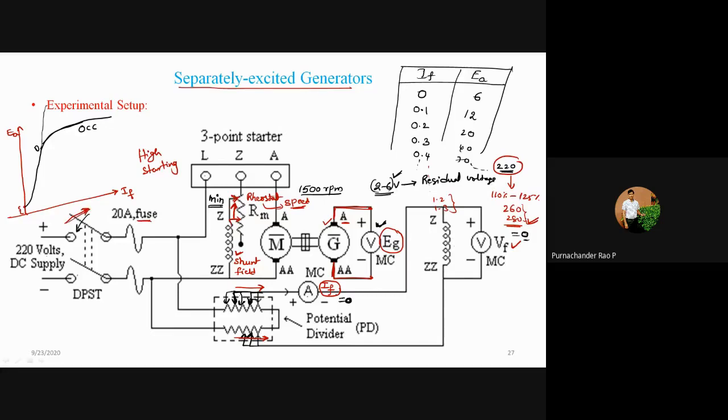Once the DPST switch has been opened, the electrical supply to the DC motor is disconnected, therefore the motor is not rotating, and the armature voltage of your generator will be 0. In this way, you can get the readings of the no load characteristics, and then you can draw the no load characteristics for a separately excited generator.